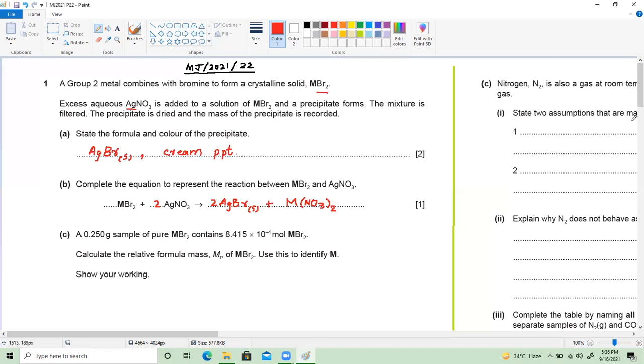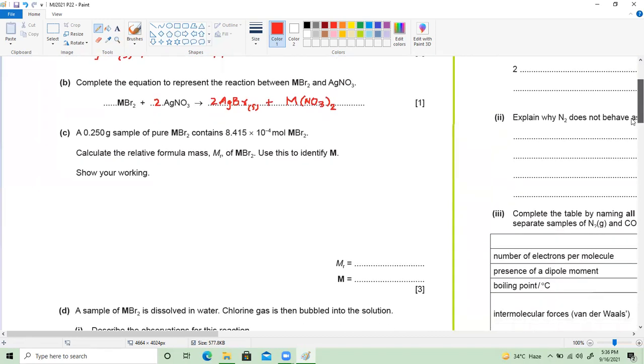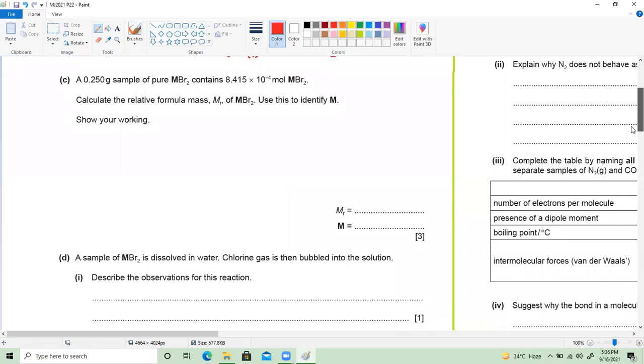The next question is a 0.25 gram sample of pure MBr2 contains 8.415 times 10 raised to the power minus 4 moles MBr2. Calculate the relative formula mass Mr, and use this to identify M. We need to actually show our working as well.